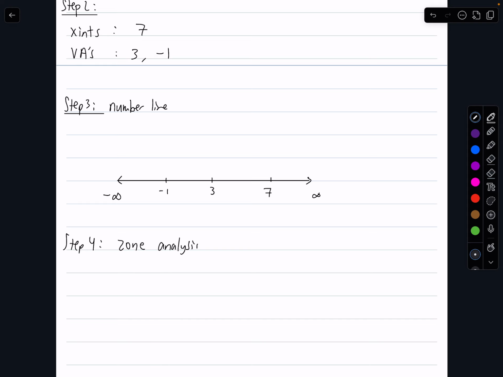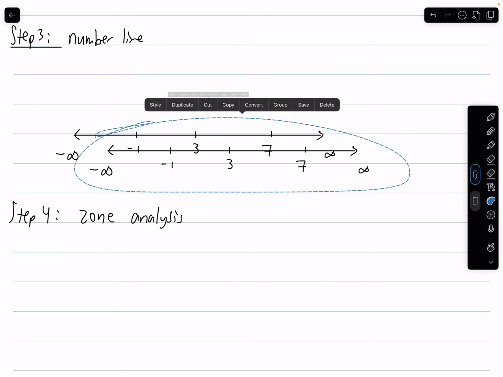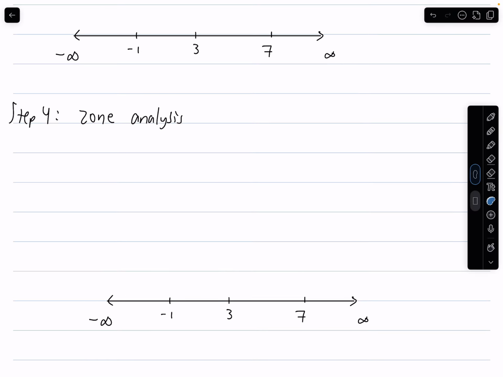Zone analysis. Now, some of you might be thinking, what is this guy talking about? What is zone analysis? I'm going to explain that right here, and it will make your life a whole lot easier. Zone analysis is when we look at the actual function. Remember, the function right now is x minus 7 over x minus 3, x plus 1, greater than or equal to 0, okay?